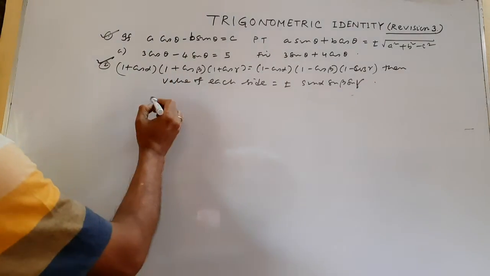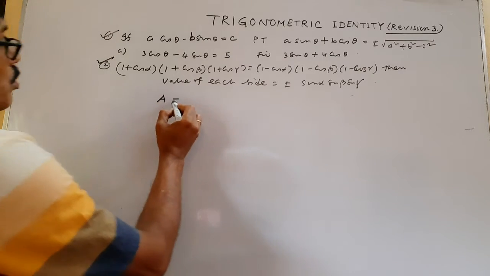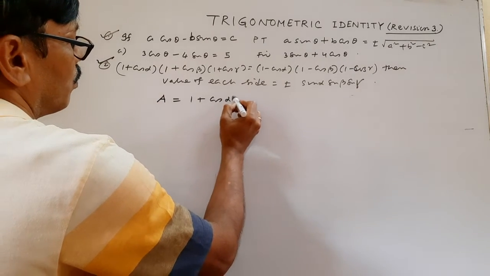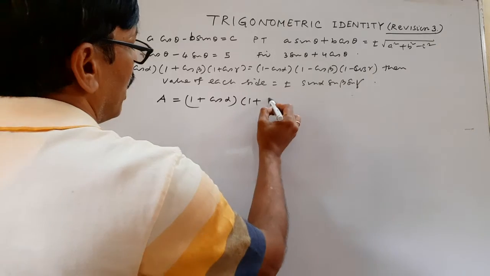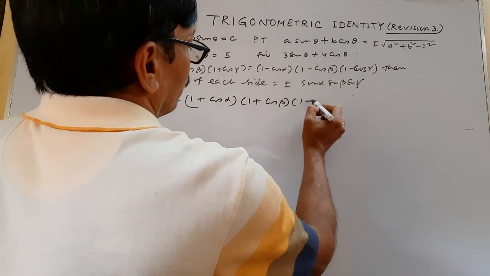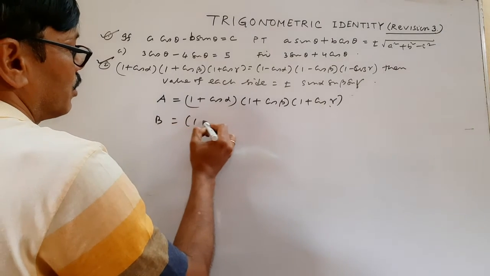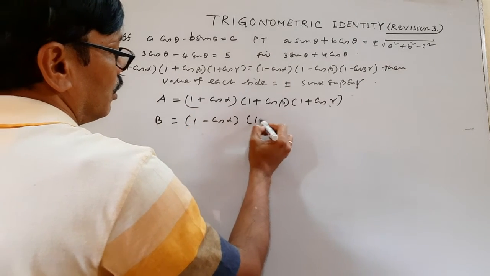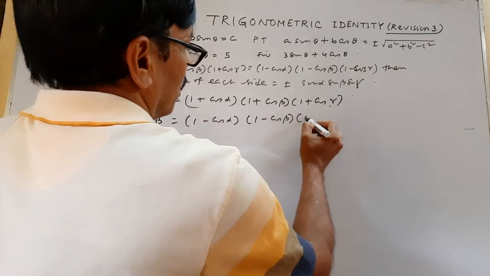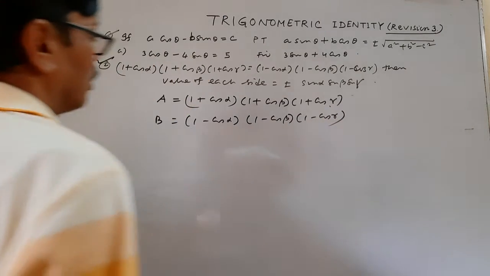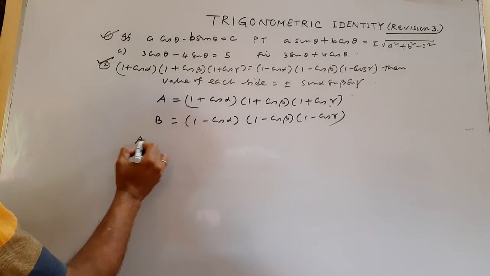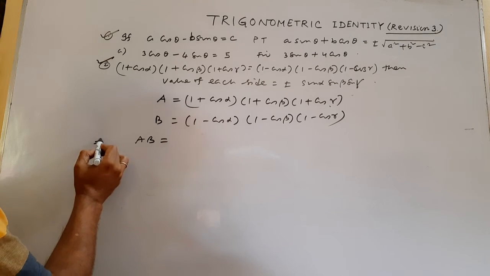For this type of problem, suppose A equals 1 plus cos alpha, left hand side as A, and B equals the right hand side. Now, what is AB?